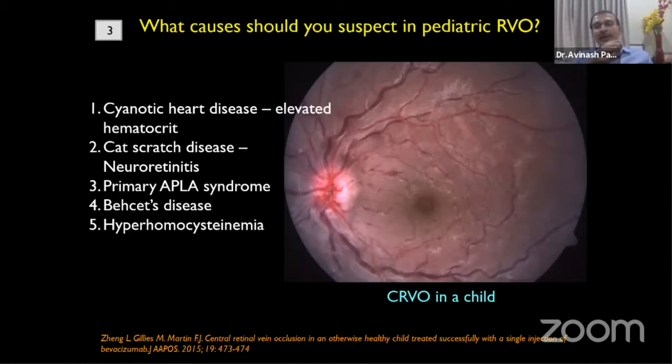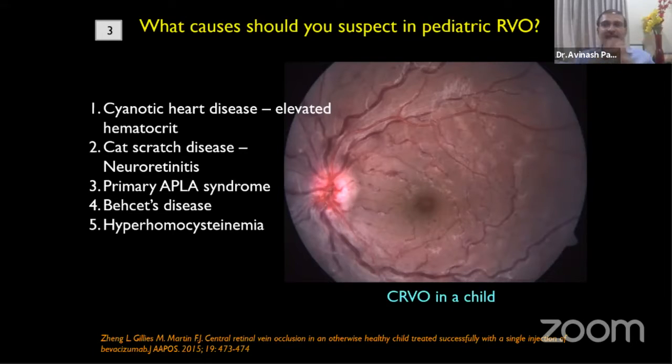Like I mentioned earlier, the causes of vein occlusion in the elderly and the young are different. When the age is less than 40, we subdivide them into the pediatric age group and the 18 plus age group. In the pediatric age group, cyanotic heart disease is something we have to keep in mind, which never strikes us when we see a vein occlusion.